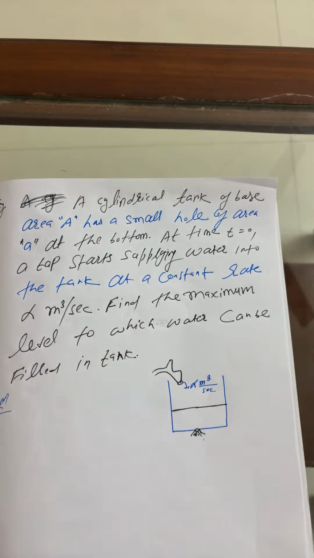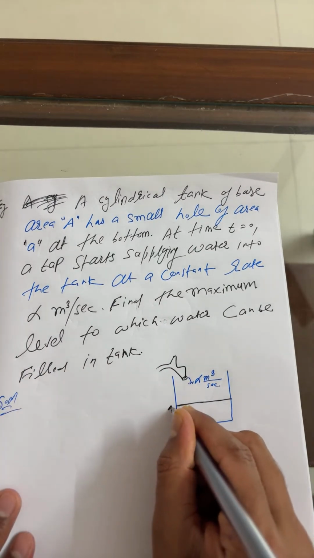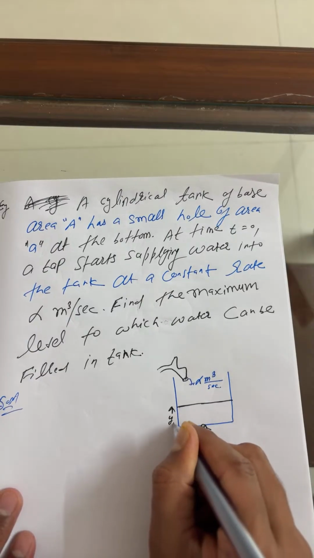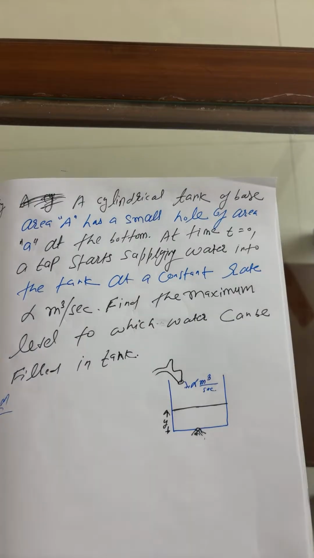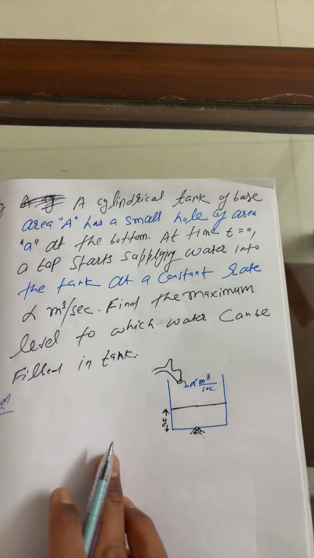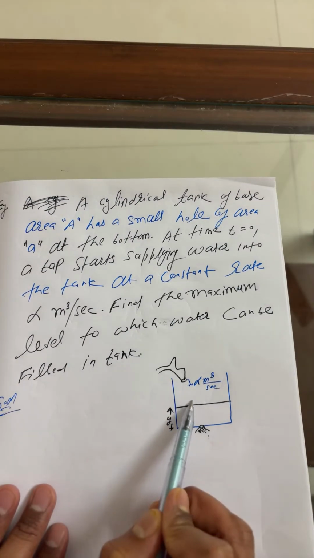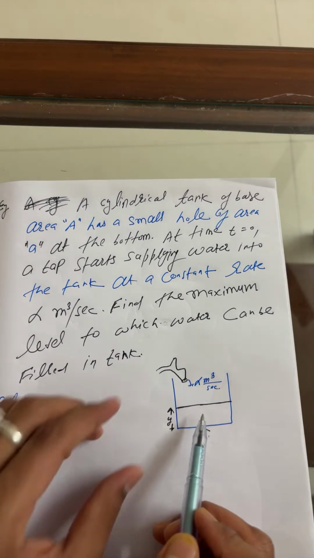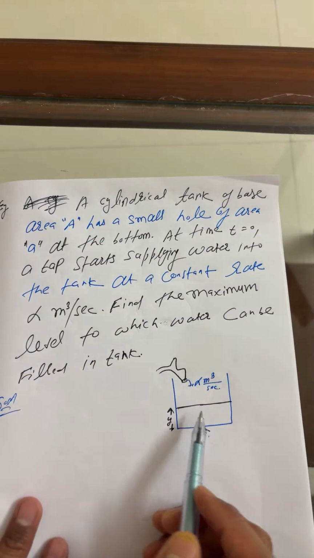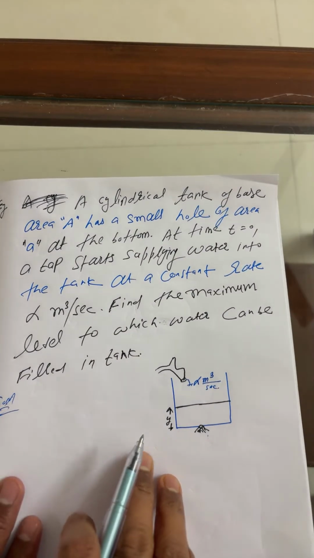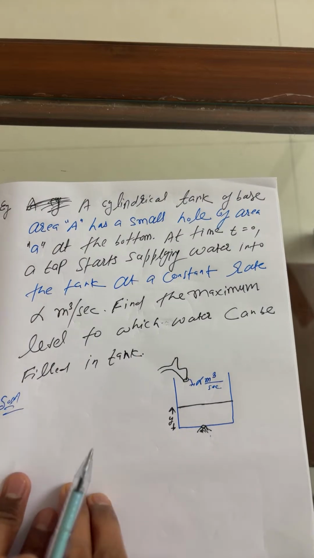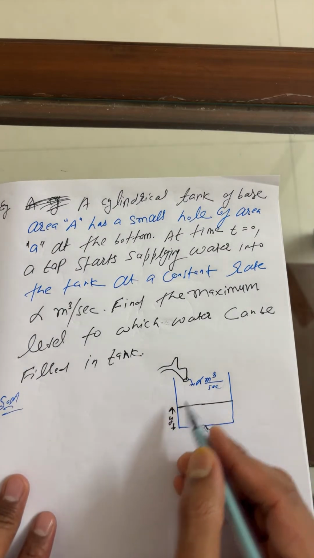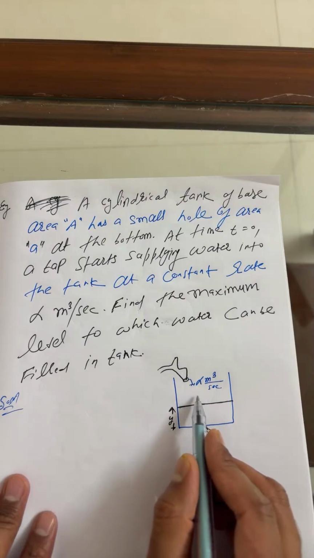Fine. So, let us suppose, because water can fill in the vertical direction only, this is y. If water is filled to a level y, beta, you can say the ejection velocity. Initially, what is the ejection velocity?